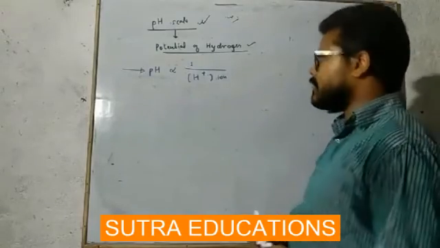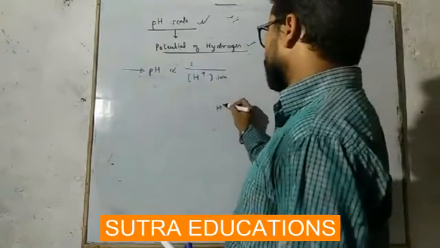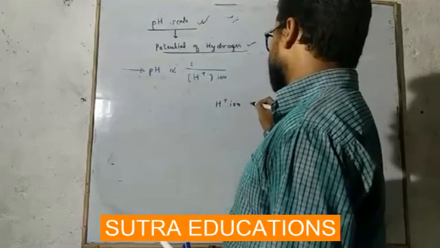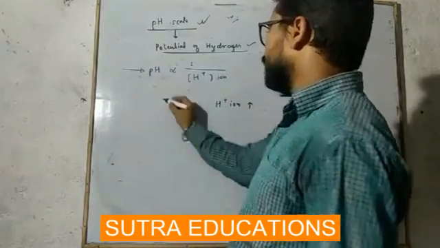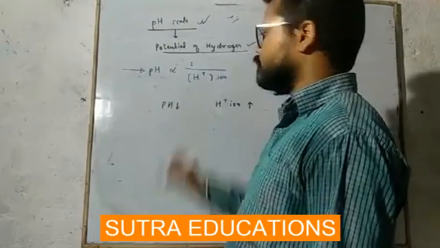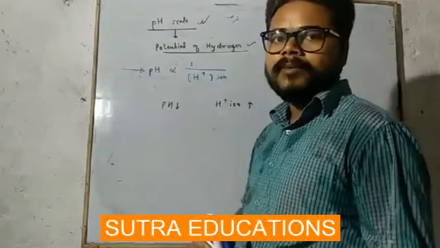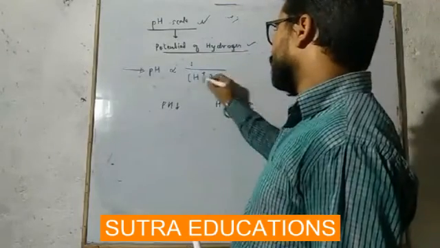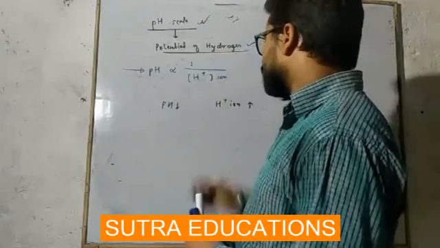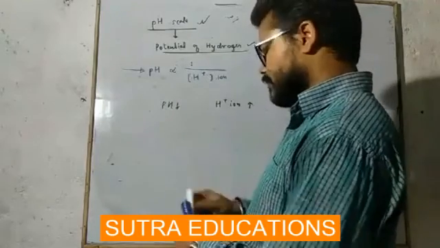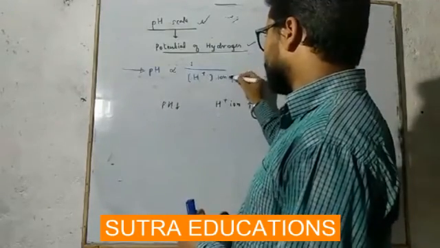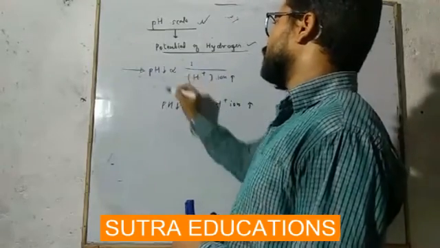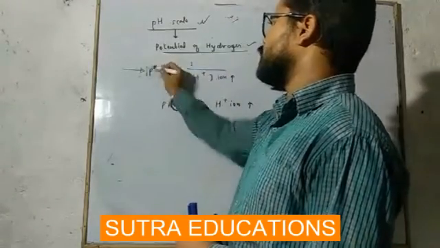If H plus ion is more, then the pH value will be less. Getting this now? Both are inversely proportional. If one increases, the other will decrease. So if H plus increases, it is in the denominator, so pH will decrease, and vice versa. If it decreases, then pH will increase.